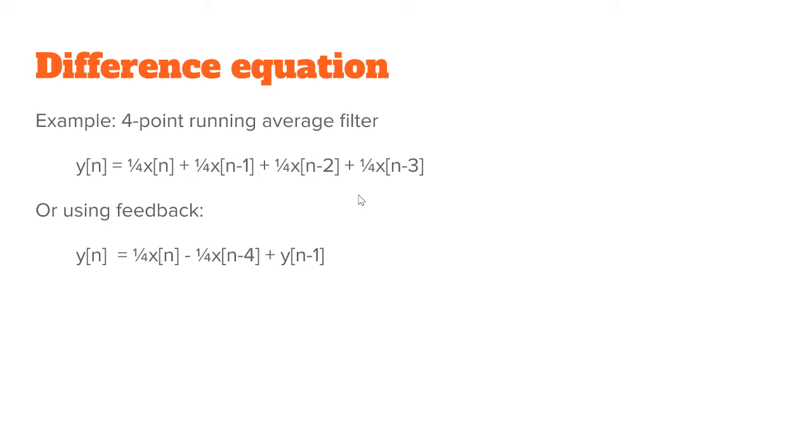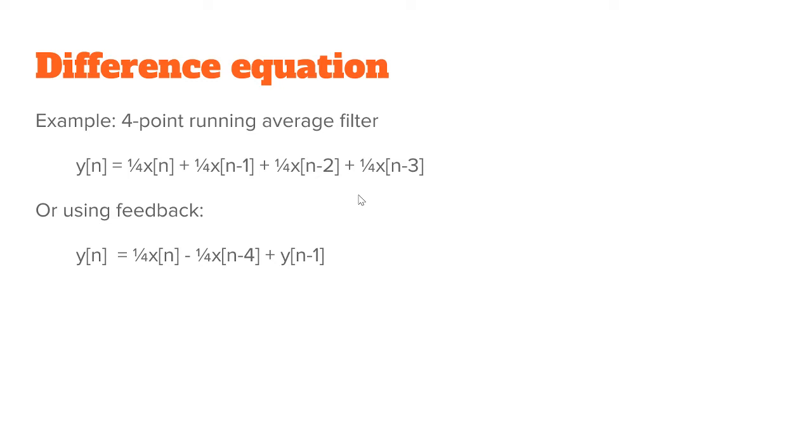So practically, you would calculate this more efficiently by first initiating the running average and then updating it by taking the oldest value out and adding the new value, which is a more efficient way of doing it.